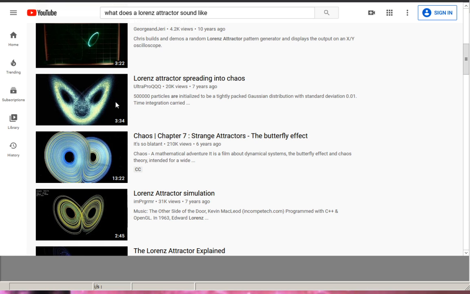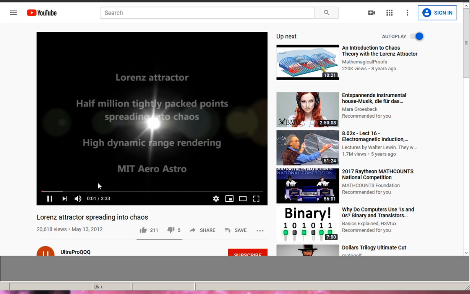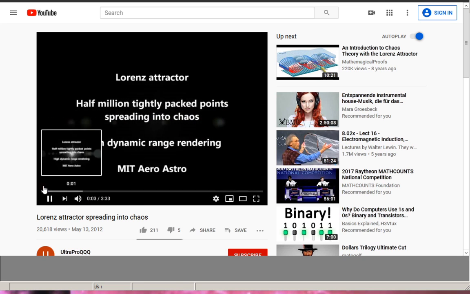Oh, look at this one. 500,000 particles are initialized to a tightly packed Gaussian distribution with standard deviation of 0.01. Looks like an alien. The music's got nothing to do with the shape.